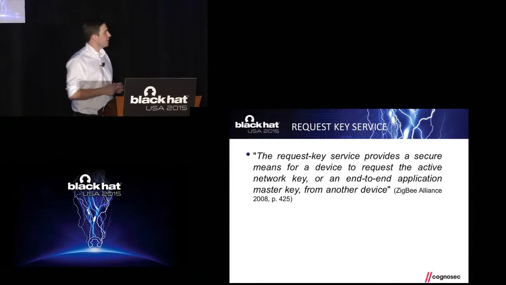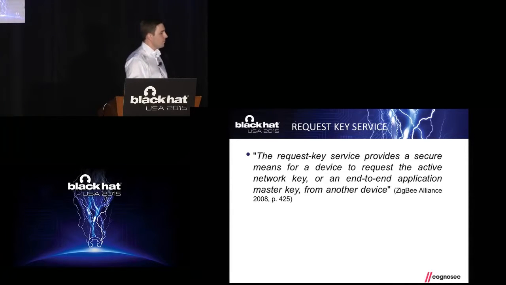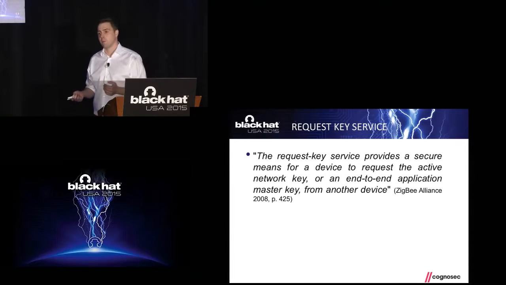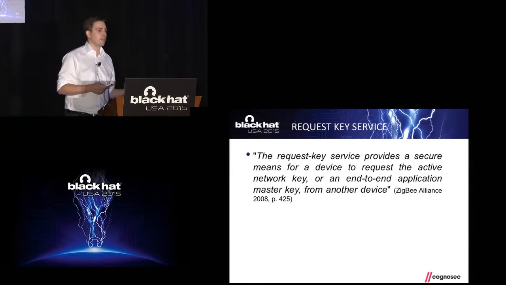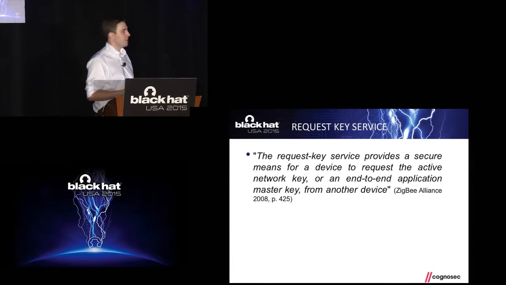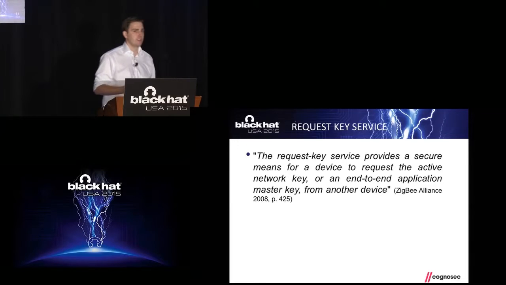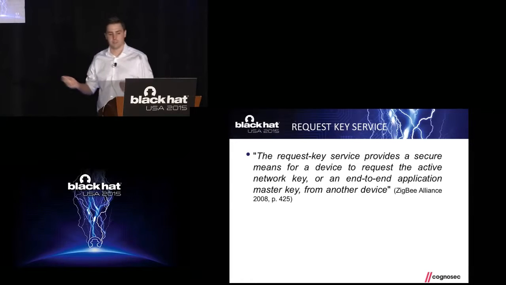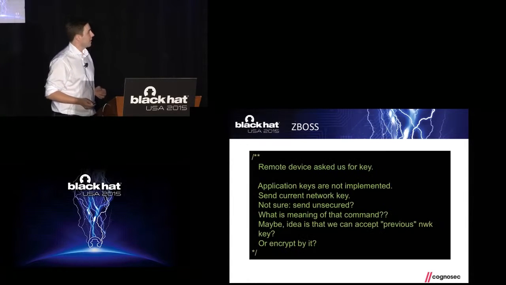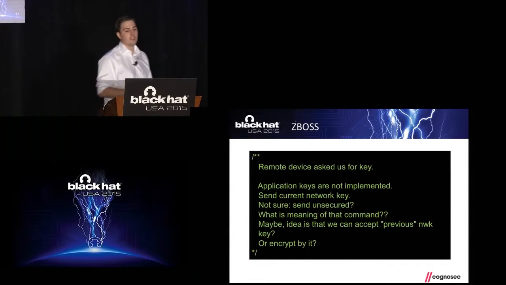I don't get why you should do this, because when you don't apply encryption, there is no network key. When you apply encryption, you should have the network key to send a correct command, because otherwise the other device won't accept it. So I would request a key, encrypted with the key I was requesting. That makes no sense. So I started looking online at how people implement this kind of stuff.